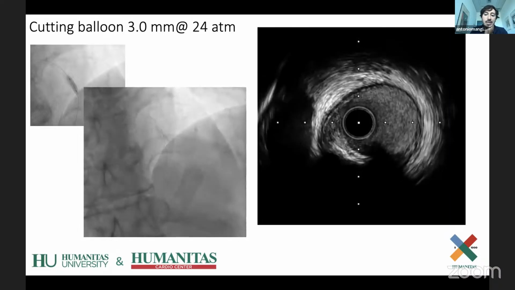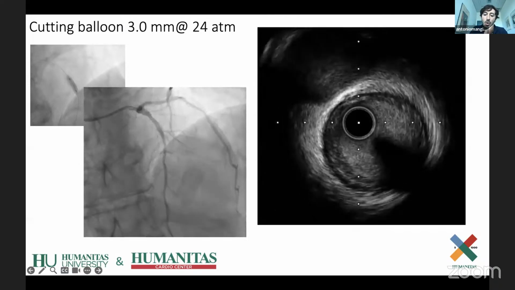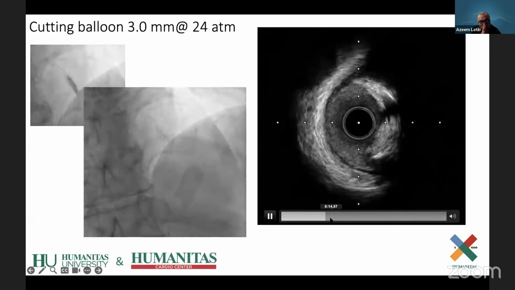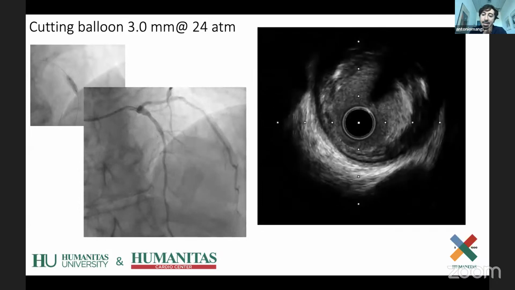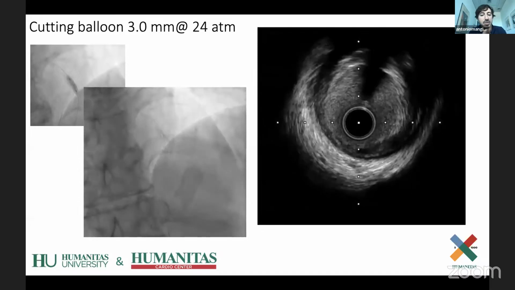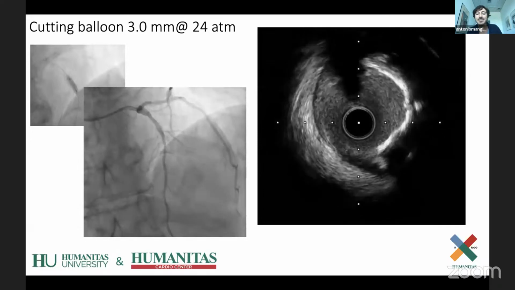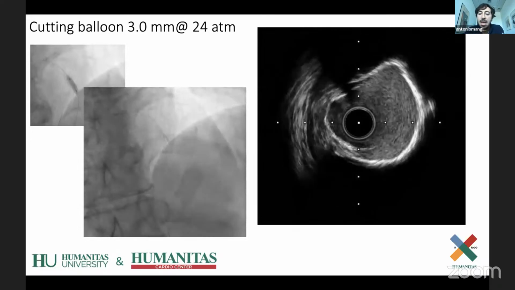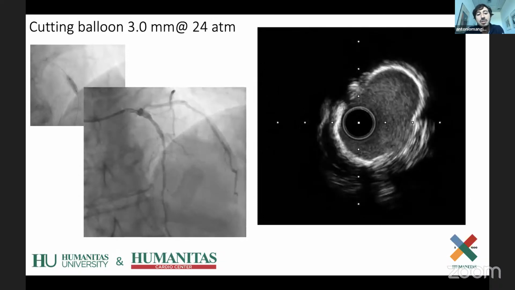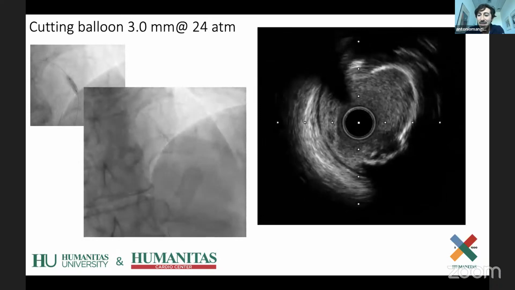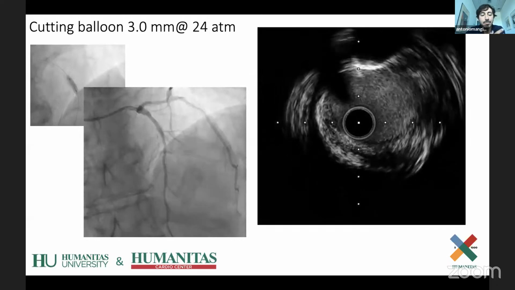If we look at the IVUS run, Azim, compared to the previous one, I go a little bit quicker, but you see that the areas with organized calcium have mostly disappeared. We obtained a more nicely prepared lesion with more evident cracks in pullback. And at the end, you see a tiny dissection at the level of the diagonal, but it was a very nice and benign dissection.